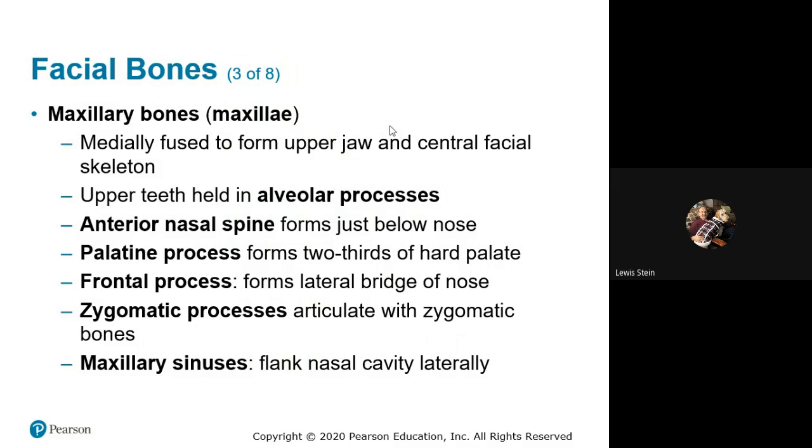So that forms what we call the hard palate, along with, in that sort of orangish color, an L-shaped bone this way and an L this way called the palatine bones. Interestingly, a tiny part of those forms the back of your eye socket.